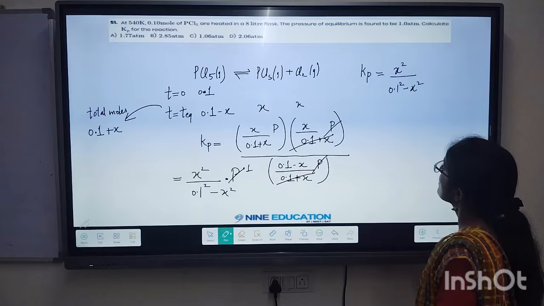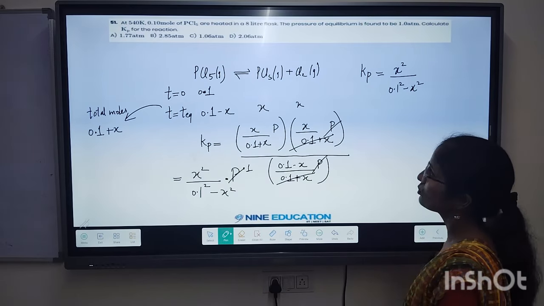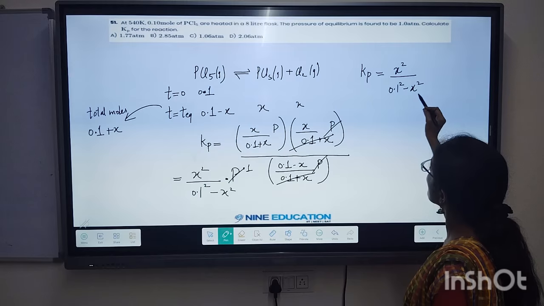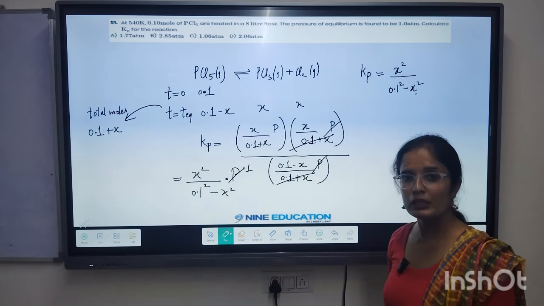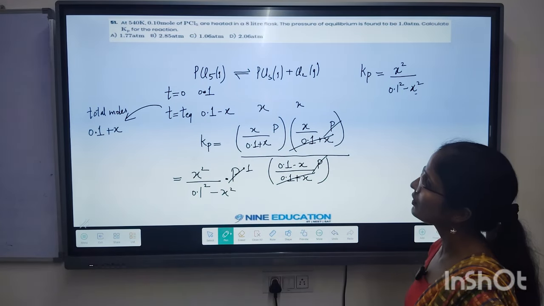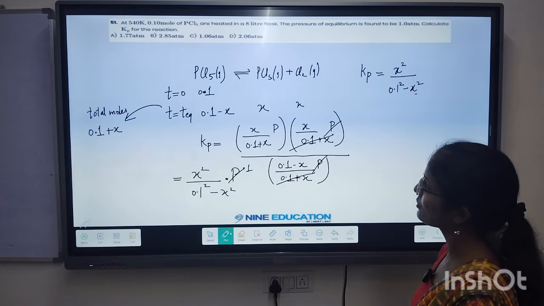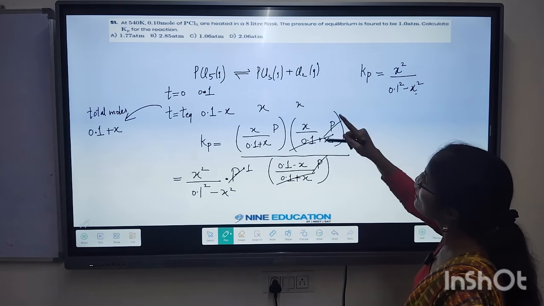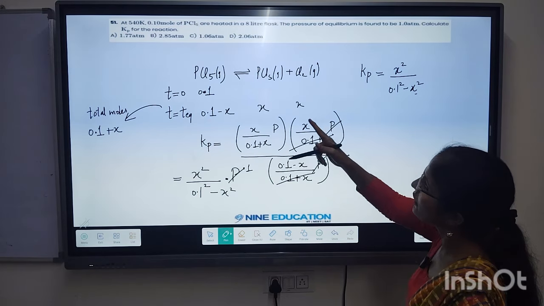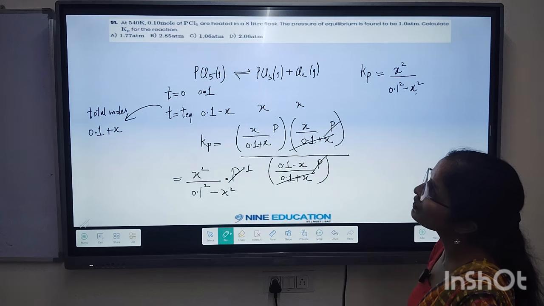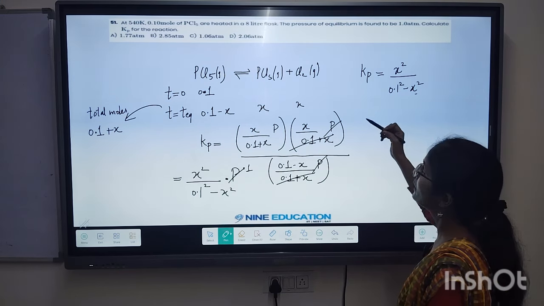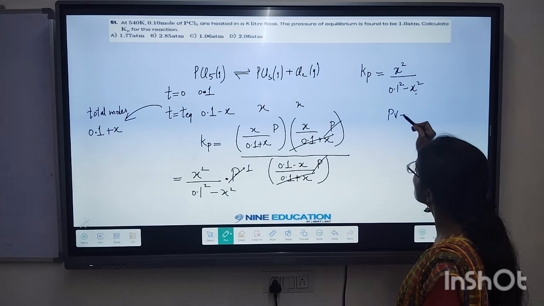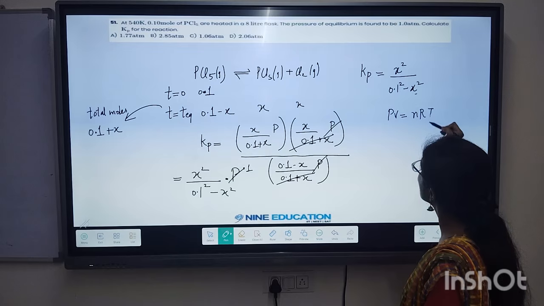Now if the Kp expression is coming like this, we would definitely require the value of X, and X is simply the number of moles of PCl5 that has dissociated. For this also some data is provided. I hope you can see that we have temperature 540 Kelvin and an 8 liter flask. So in this case we can simply apply PV is equal to nRT.